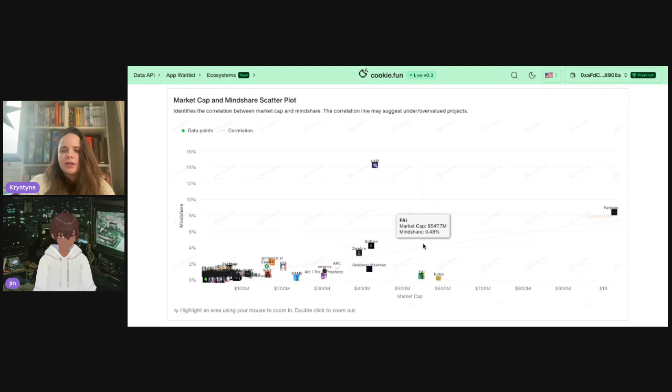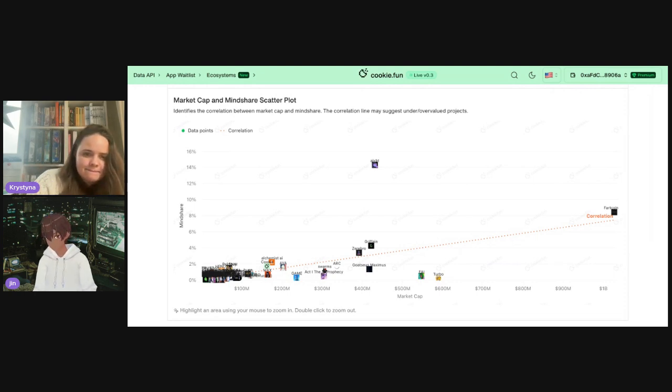So for me, it really justifies the theory that mindshare really correlates with the price of the token. It's not just something we think happens, it really happens. Yeah, I mean, obviously we don't know which way around it is, right? Very cool. I like it.